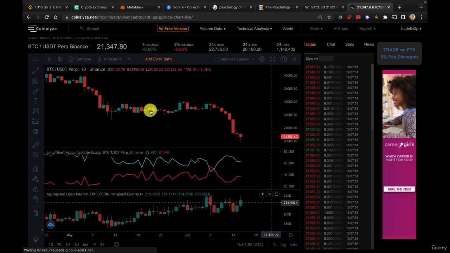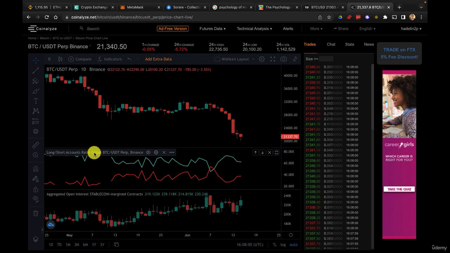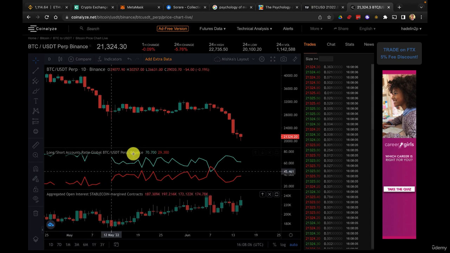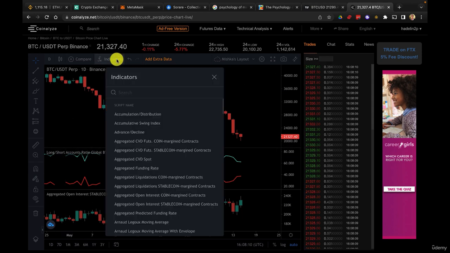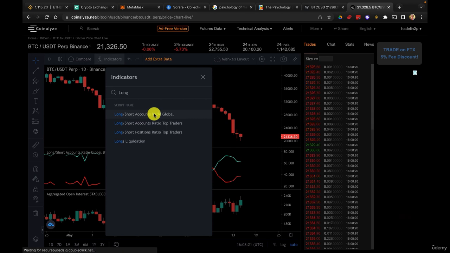We only need the Bitcoin price here, then the long-short accounts ratio global, and the aggregated open interest. You won't see them because you're new to this, so the way to find them is simply by going to indicators. First you type long-short ratio and you take this one, long-short accounts ratio global. You click on it and it will appear in your dashboard.